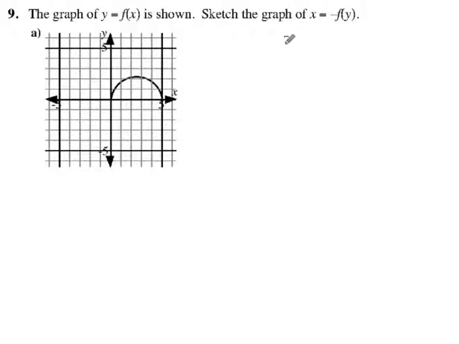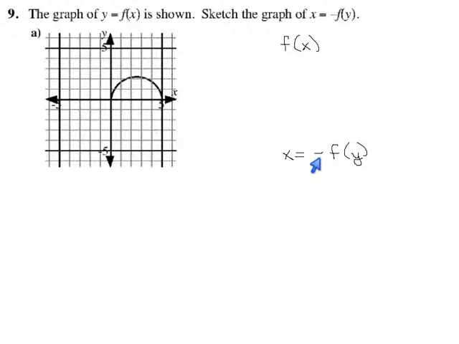This time we're starting with f of x, this original arc here, and they want us to get to x equals negative f of y. Now, it's fine to write this, but for our purposes, we want this negative sign to be right on one of the variables. Remember that we've been doing stuff with like x becoming negative x or y becoming negative y.